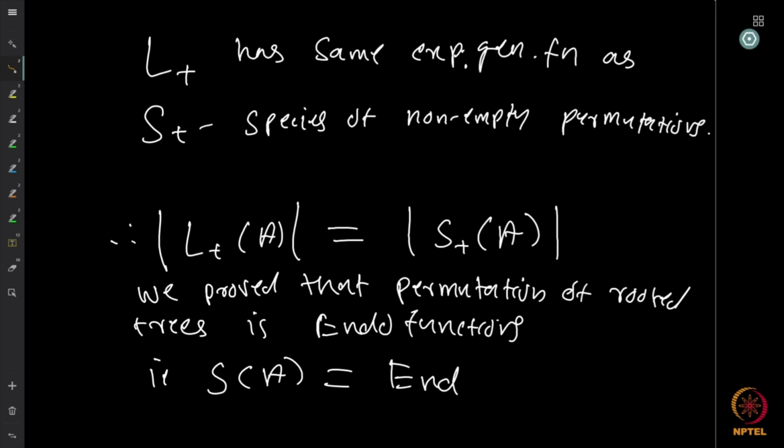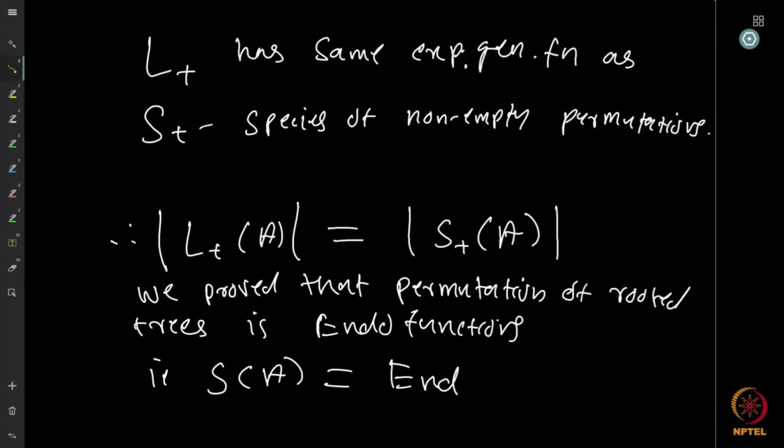So they have the same generating function, which means they are called equinumerous. They have the same number, even though they are not the same. There is a one-to-one mapping, a bijection, between them. Therefore, there is the same number of elements.